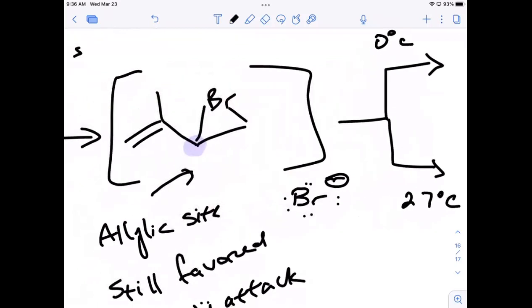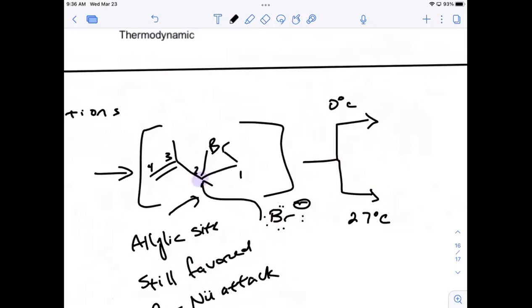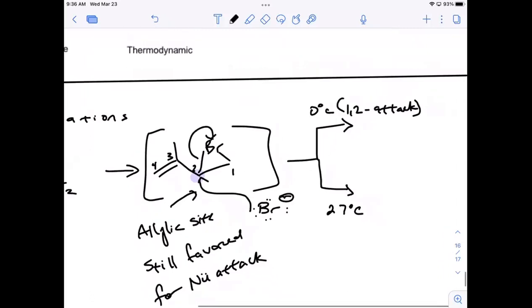If this is the alkene that gets brominated and we number these as 1, 2, 3, and 4, the 1,2 attack is still going to predominate at low temperature, excuse me. So then I'm going to break that carbon-bromine bond there.